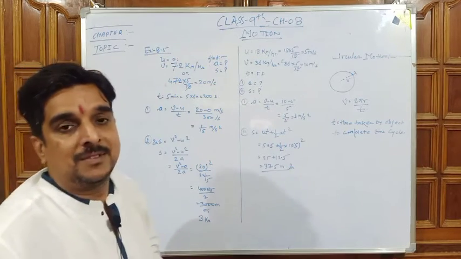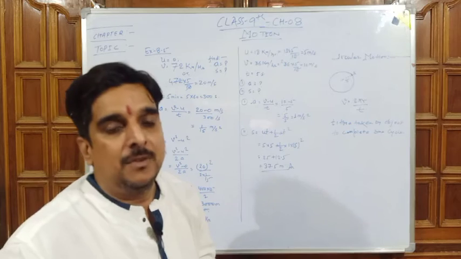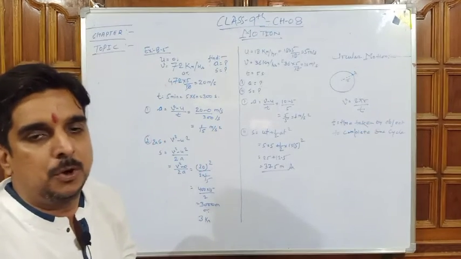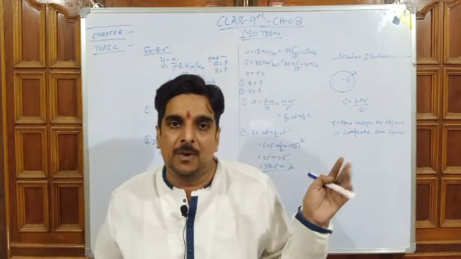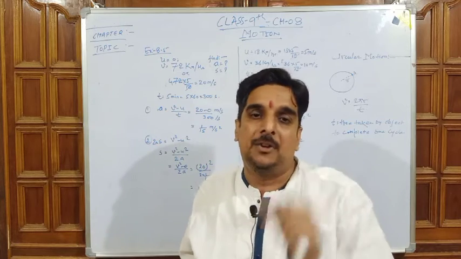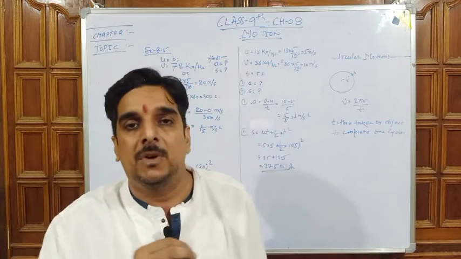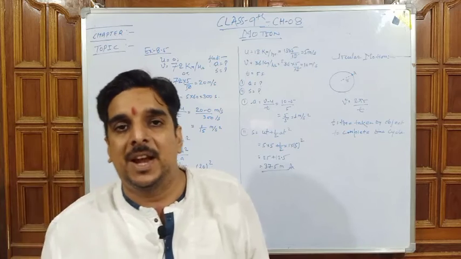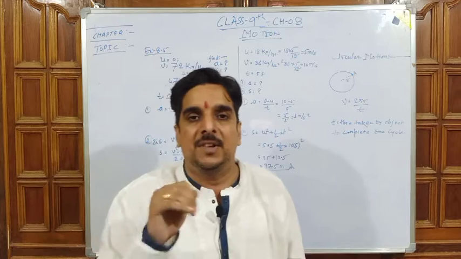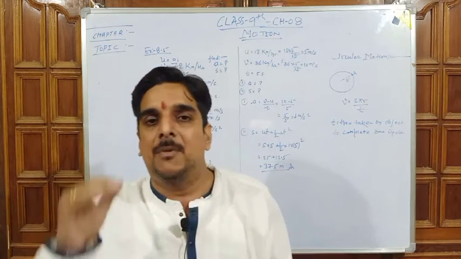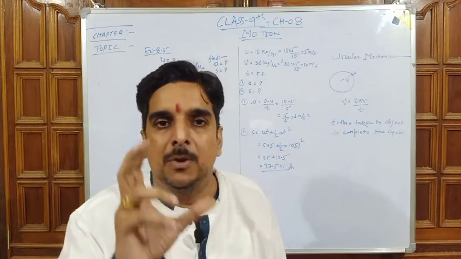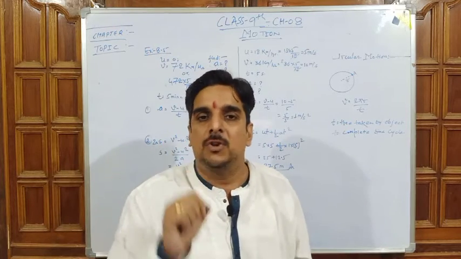V means final velocity. How much is the final velocity given? 72 km per hour. When I was discussing in my previous session, I told you that if you have to convert kilometer per hour to meter per second, you just multiply the magnitude given in kilometer per hour by 5 by 18, and whatever magnitude comes will be in the unit of meter per second.